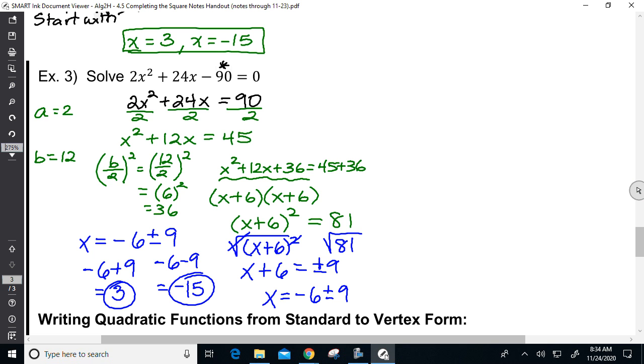Both of them. You put 3 in, you put negative 15. If you give one, then you're getting penalized for not giving the other.